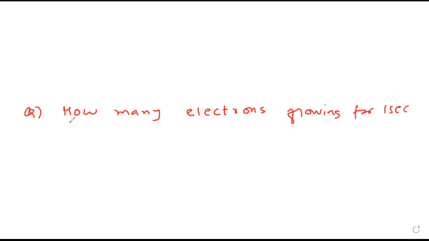How many electrons flowing for 1 second produces current of 1 ampere?